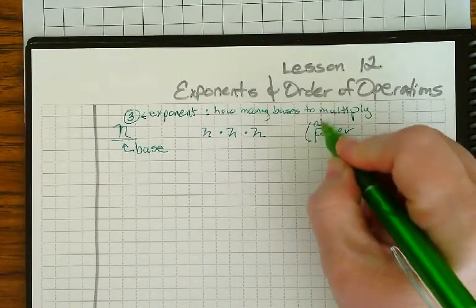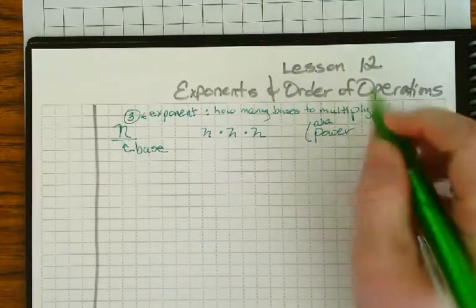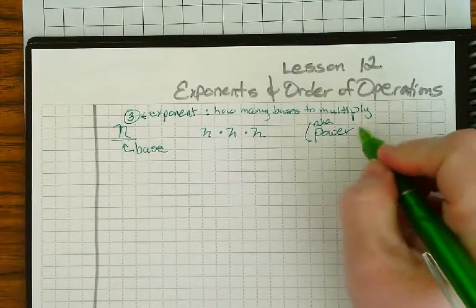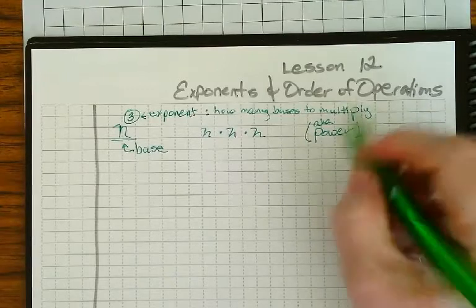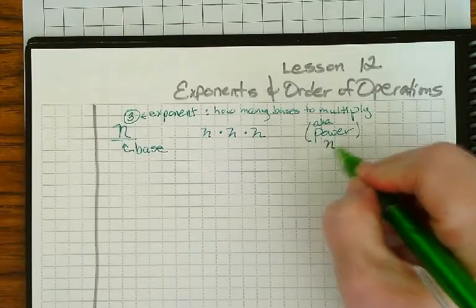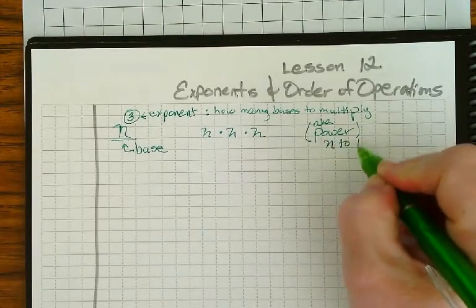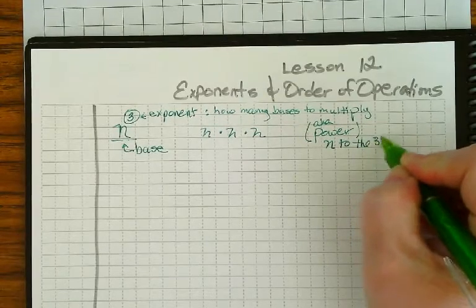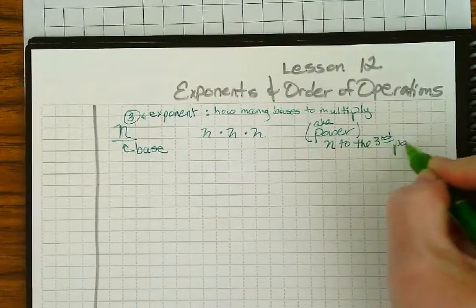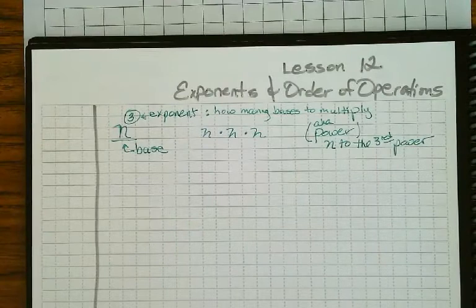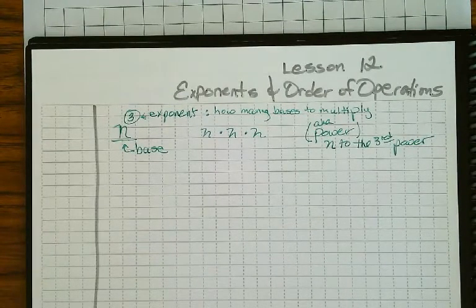Okay, I'm going to put AKA, also known as power. So we'd say n to the third power. Okay, that's an exponent.